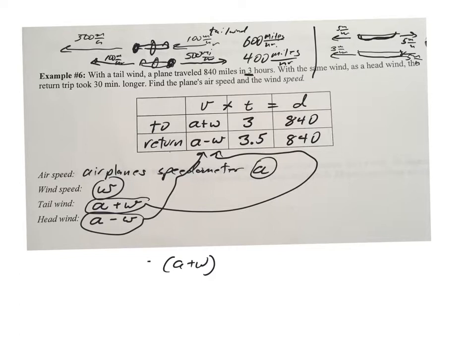I'll put the 3 in the front, just because that's how you're used to looking at it, equals 840. And I also have 3.5 times A minus W. This is the bottom equation, equaling the same distance. It might be worth trying to reduce the equations first.